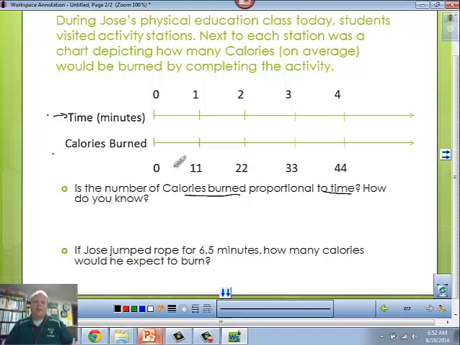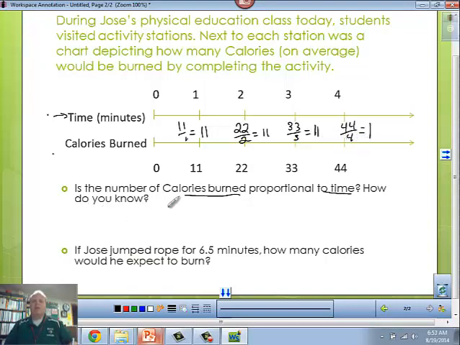Now, I would start out to find out, do they have something in common? Well, 11 to 1 is 11. 22 to 2, if I divide that, is 11. 33 divided by 3 is 11. 44 divided by 4 is also 11.